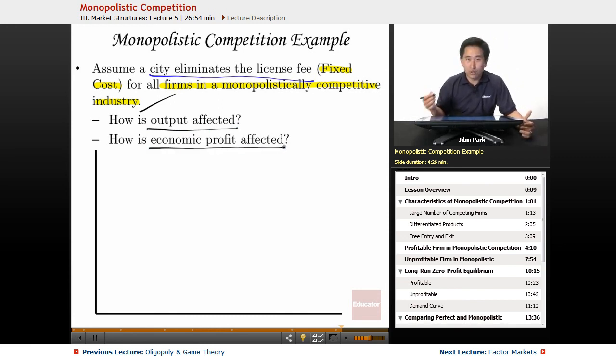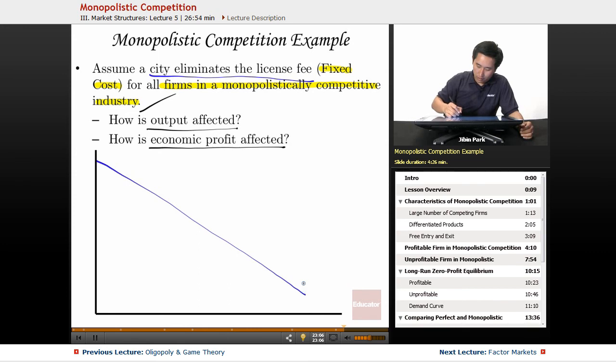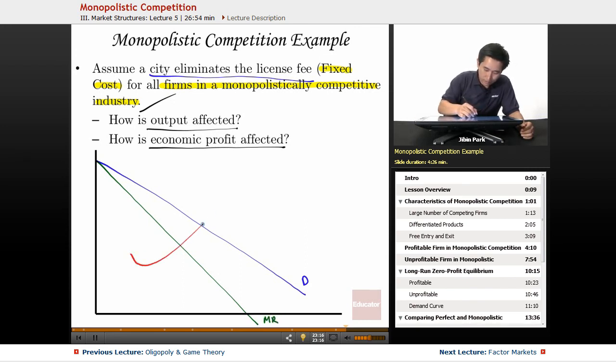So again, let's go ahead and draw this monopolistically competitive firm in long-run equilibrium. It's going to look very similar to a monopoly making no economic profit. So once again, you draw the demand curve here, and you draw the marginal revenue below the demand curve, and the marginal cost curve.